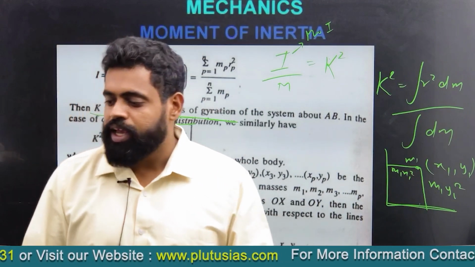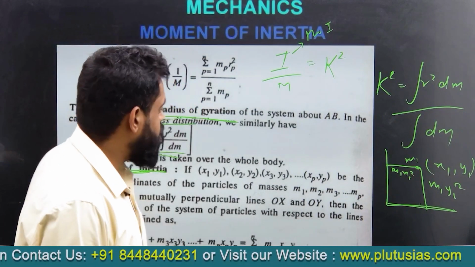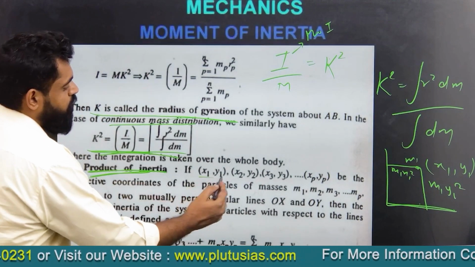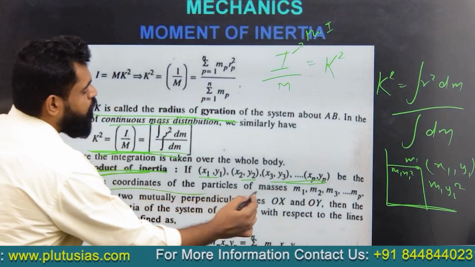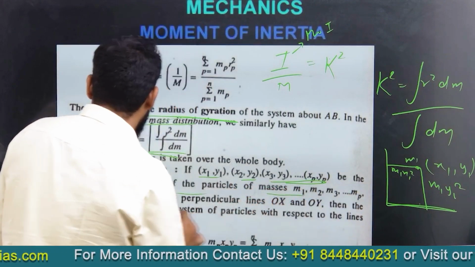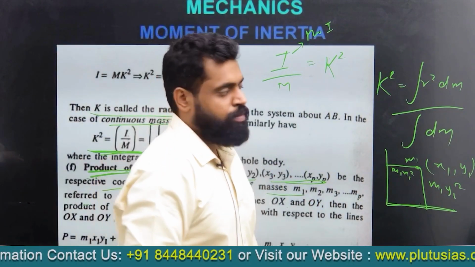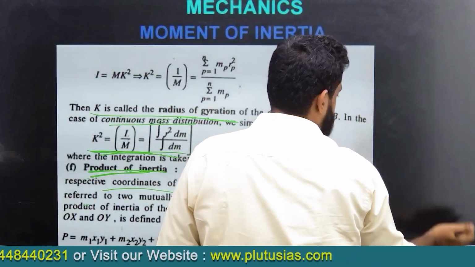But in the case of product of inertia, suppose x1 y1, x2 y2, up to xp yp are the respective coordinates of particles of masses m1, m2, up to mp, referred to two mutually perpendicular lines ox and oy. I'll do it on the next page.